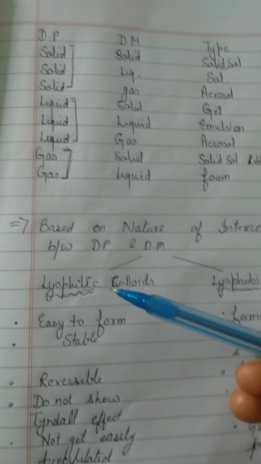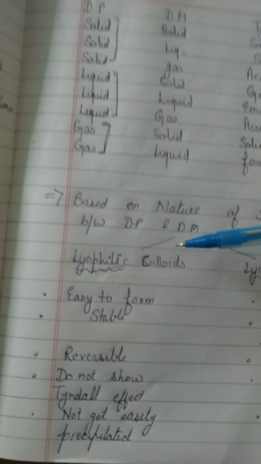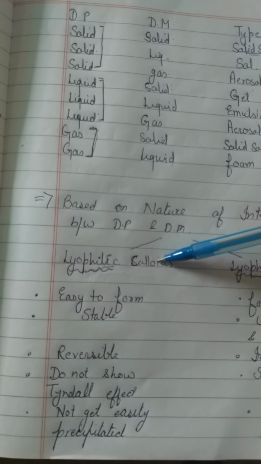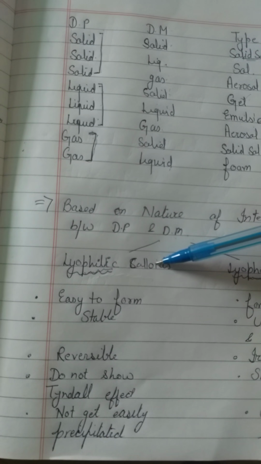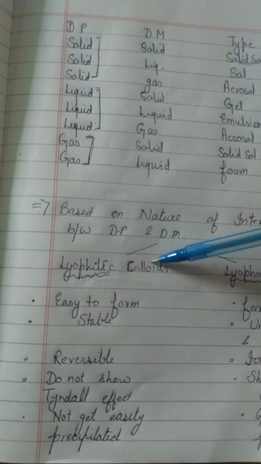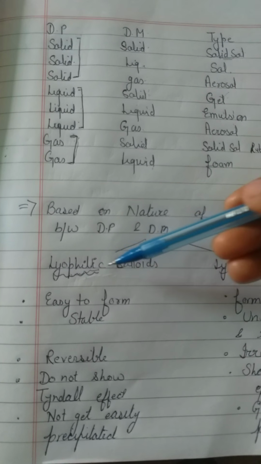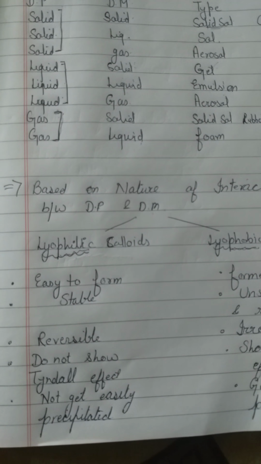So how can we define lyophilic colloidal solutions? The colloidal solutions in which the particles of the dispersed phase have a great affinity, have love for the particles of the dispersed medium, are known as lyophilic colloids.